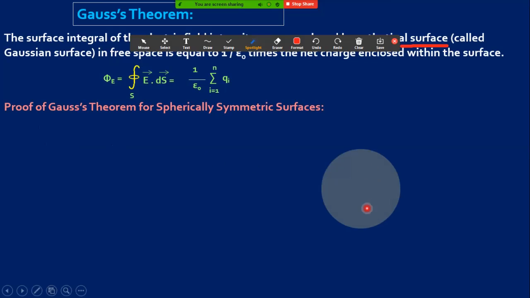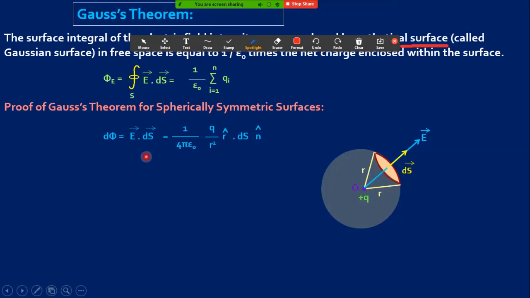Let's see. This is the spherically symmetric surface, and its center is O. Here, plus Q charge is placed at the center of this spherical surface. Now, this is the small area ds, and its direction is along E. Here, the direction of electric field intensity and the direction of area vector ds is the same.